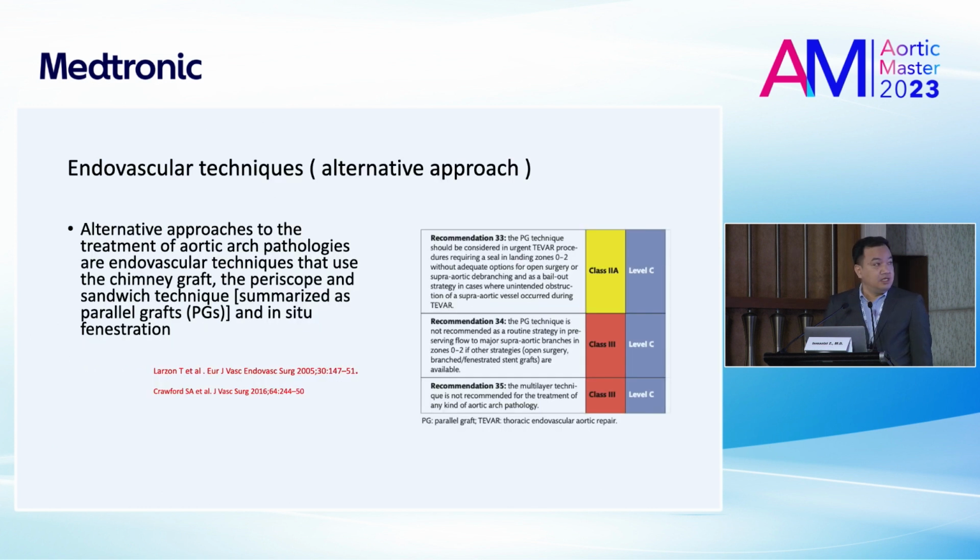But for me personally, I prefer the alternative approaches, which are either parallel grafts or fenestrations, either PMEG or in situ fenestration, because a custom-made device takes a longer time to prepare and is not readily available in my center especially.